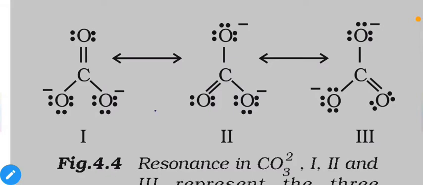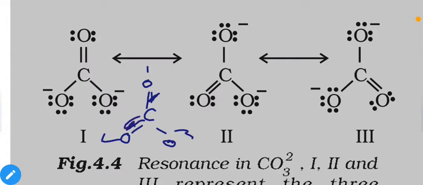All you have to do is place a carbon, arrange oxygens around it, and step by step, in the first case we have a double bond with the first oxygen and single bonds with the second and third oxygens. Then this double bond is cancelled out and the bond is shifted towards the second.